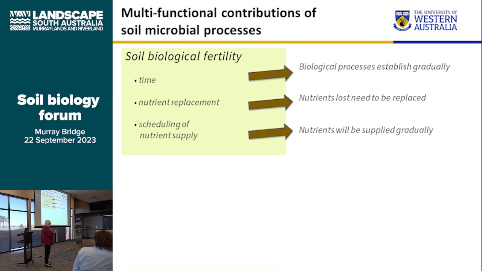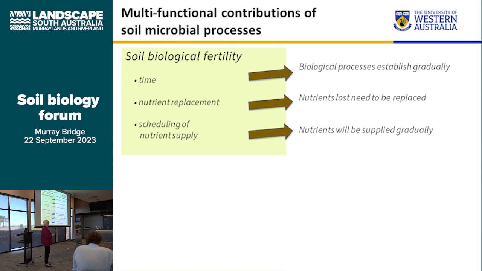Now, you might say, well, I don't want to rely on the organisms because they won't deliver it fast enough to get the plants to grow properly. These are all considerations and they're important. If you just rely on biology, you think, well, am I going to get enough nutrients? It's an issue to consider.